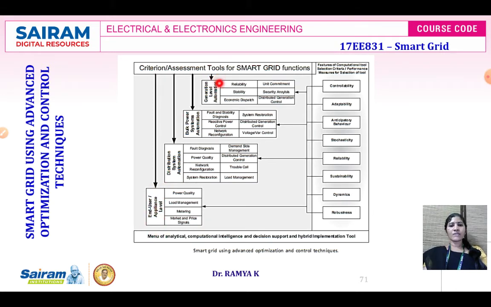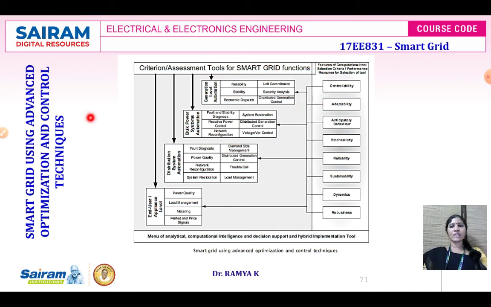So all these functions have to be focused on in case of your smart grid advanced optimization control technology. And all the functions like controllability, adaptability, anticipatory behavior, stochasticity, reliability, sustainability, dynamics, robustness. This complete parameter set needs to be monitored, and it has to be recorded for assessing the tools that have been connected to the smart grid.